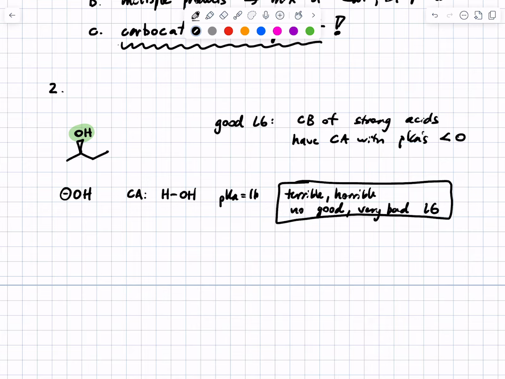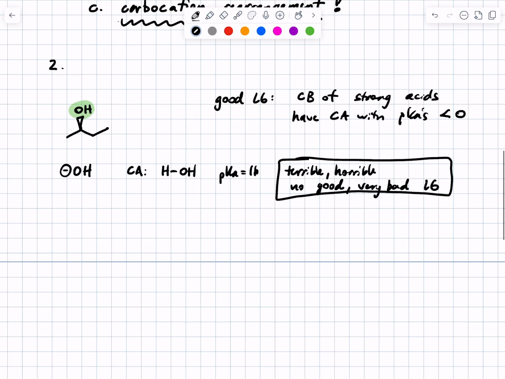That concept, that OH minus or OR minus are terrible, horrible, very bad, no good, very bad leaving groups, is something that we'll come back to again and again in 351 and 352. Both OH minus and OR minus are really bad leaving groups.